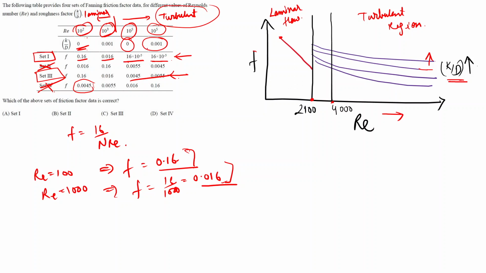That is, with change in the roughness factor, the ratio K by D, the friction factor is not changing in this case. However, from this plot, the friction factor should change as we increase the roughness factor. That is, set 1 is an incorrect answer because this wasn't changing.